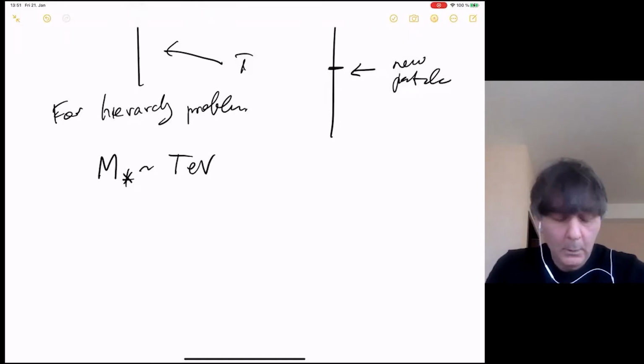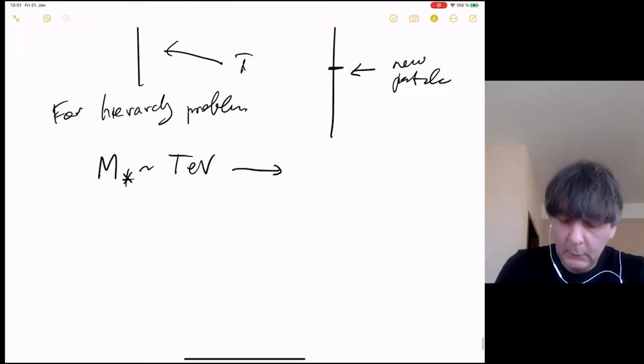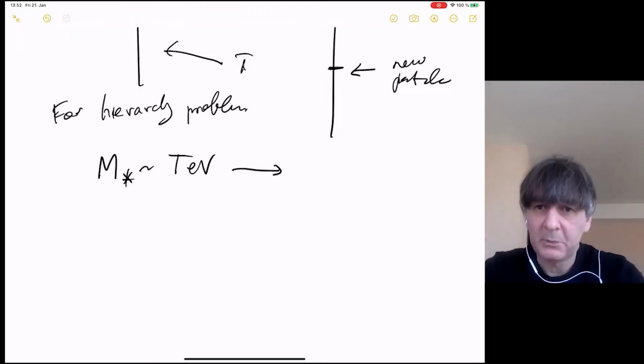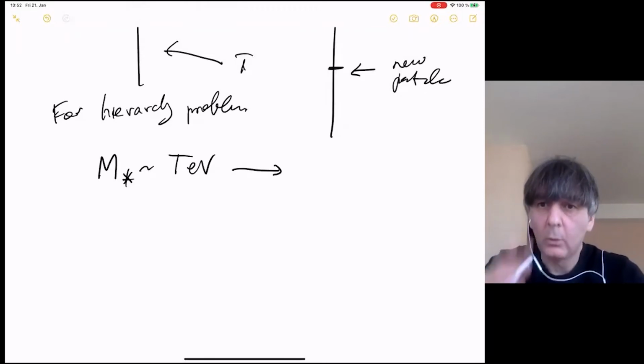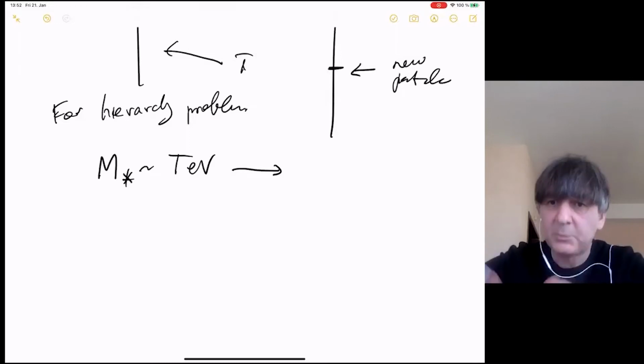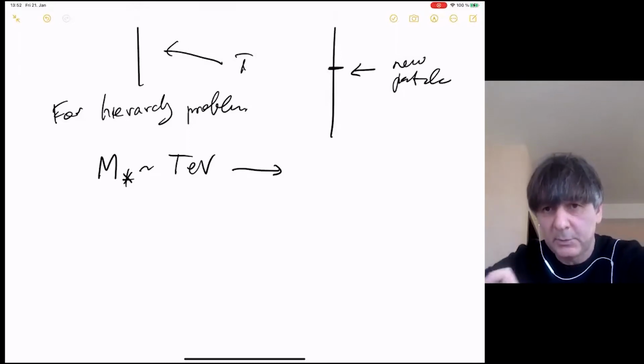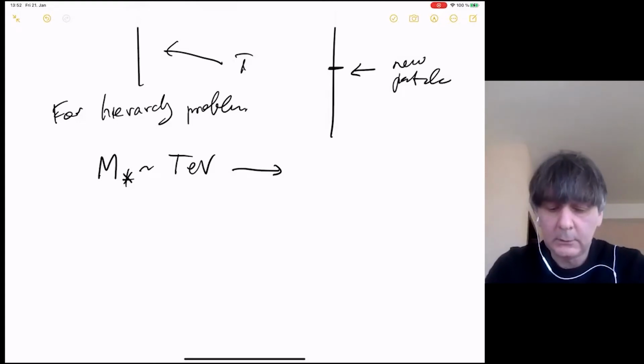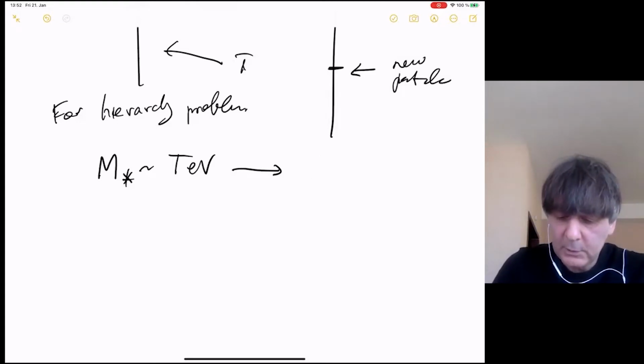Correspondingly, if this lowering is because of the number of particle species, either gravitational or non-gravitational, gravitational species must accompany non-gravitational species to make gravity strong at the cutoff scale. So then the number of species should be around 10 to the 32.